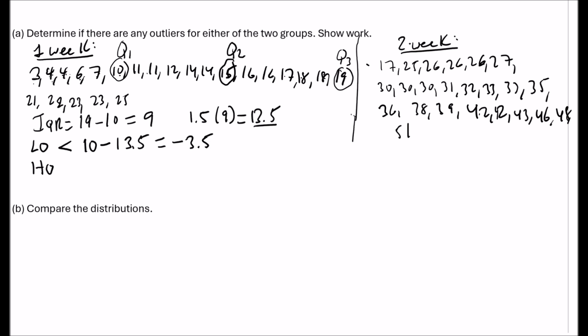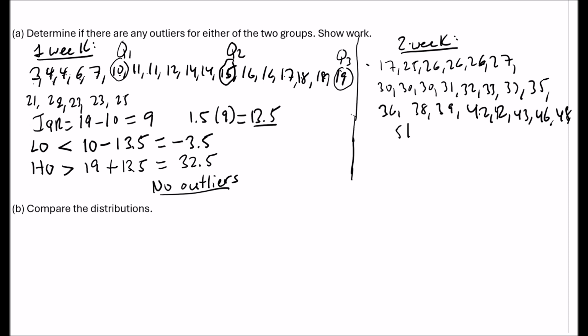And the high outlier is greater than the 3rd quartile plus the 1.5 IQR. In this case, this is 32.5. All right, and so if you look at this data, there are no numbers that are greater than 32.5 and less than negative 3.5. So no outliers in this group. Okay.